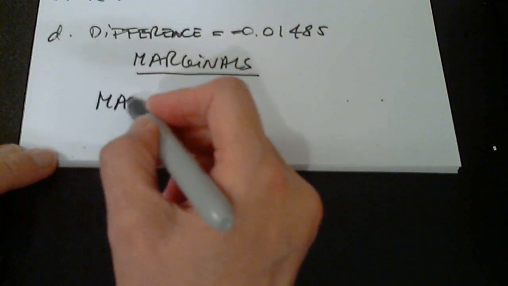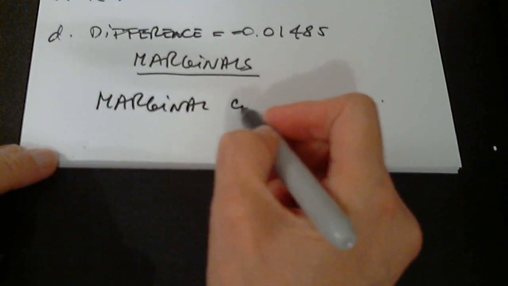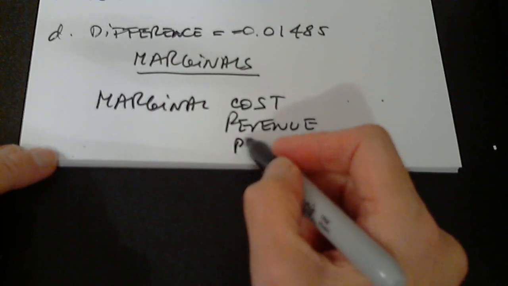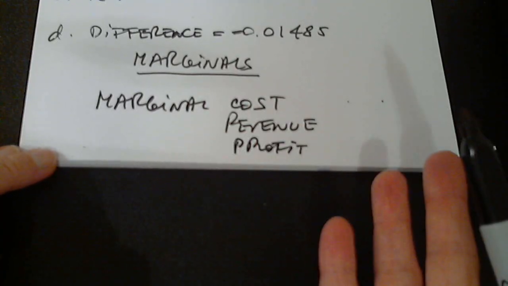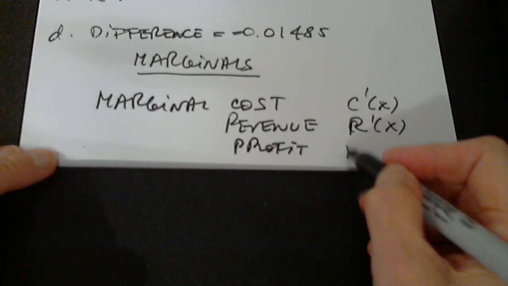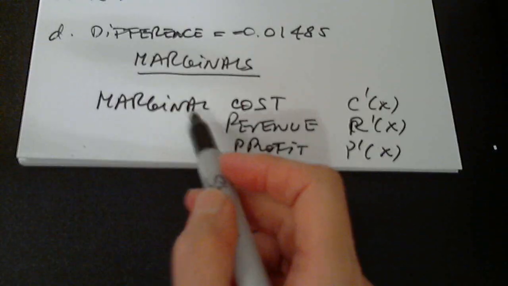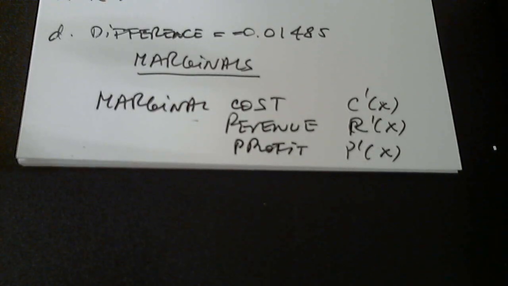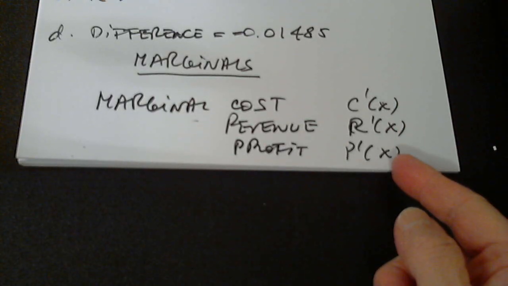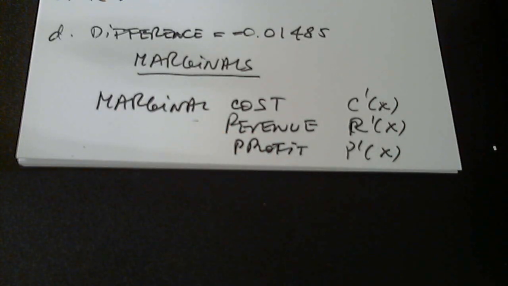Well, marginal cost, revenue, profit. What are those? Well, C prime of x, R prime of x, P prime of x. So this is not new. So these are functions. They are the derivatives of the cost, revenue, and profit, but they also have the name of marginal cost, marginal revenue, marginal profit. So this is nothing new.